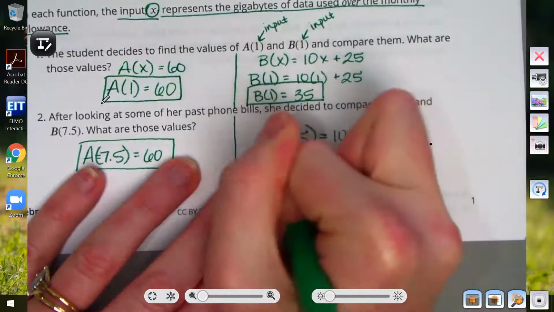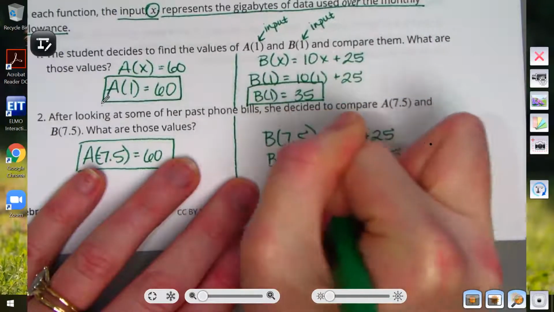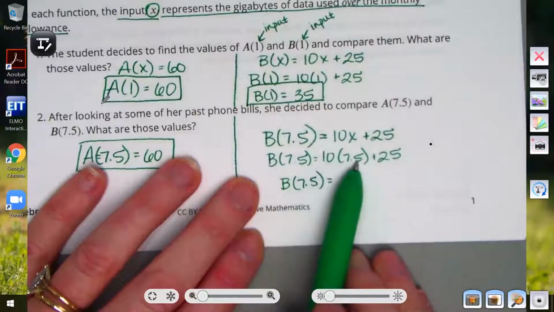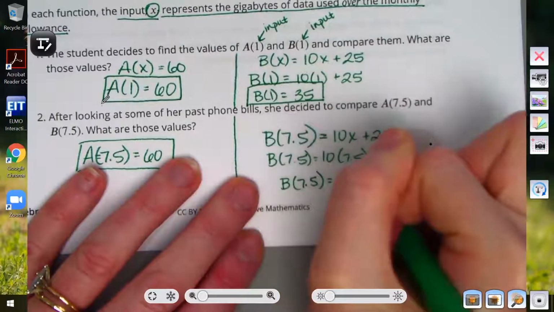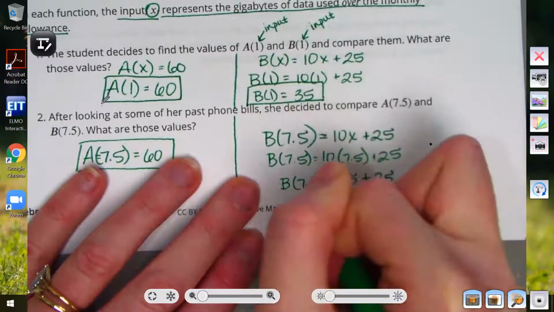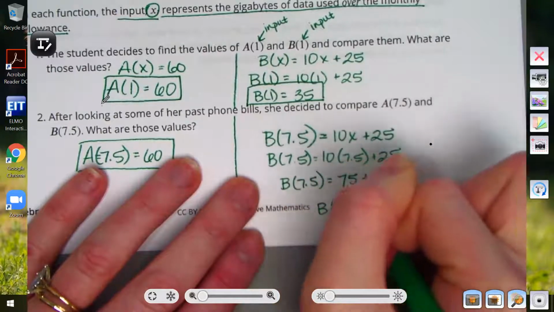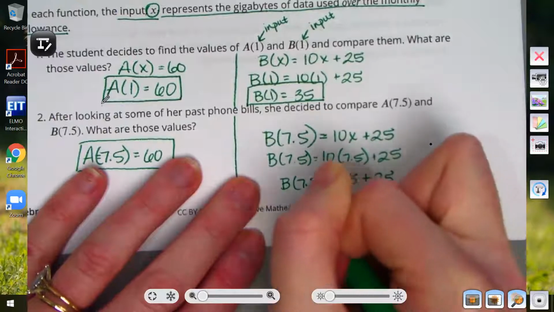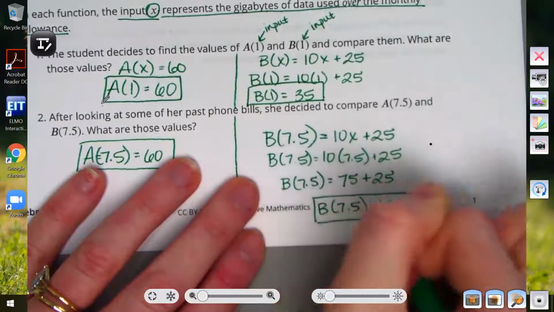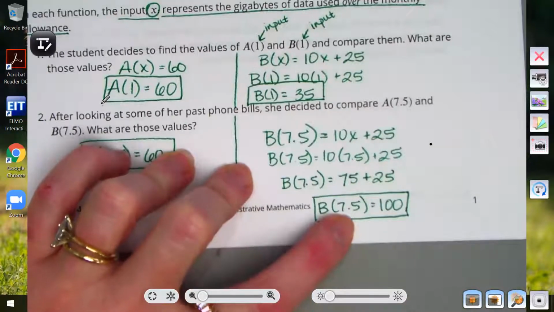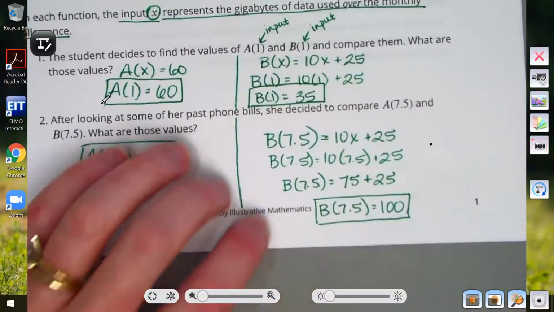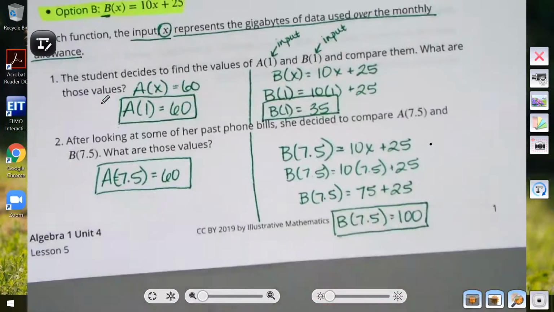No, so I have B of 7.5 equals, what's 10 times 7.5? 75. Plus 25 is what? 100. So for this option B, if you go 7.5 gigs over your 2 gigs, then you're going to be spending $100 that month on your phone plan.